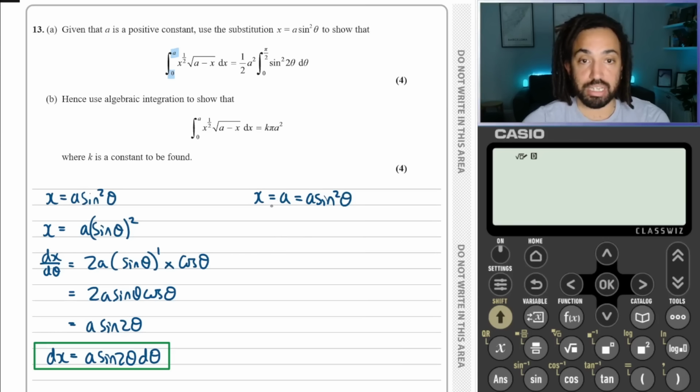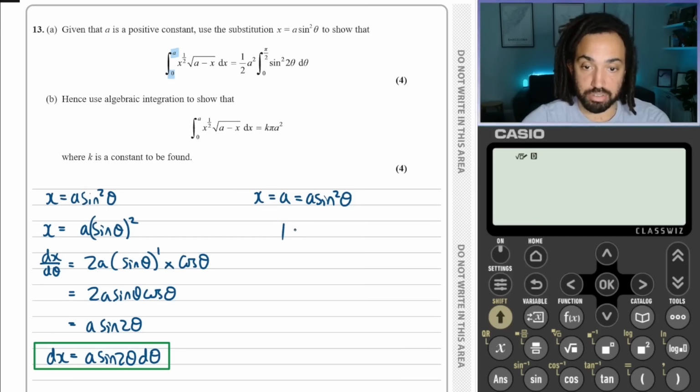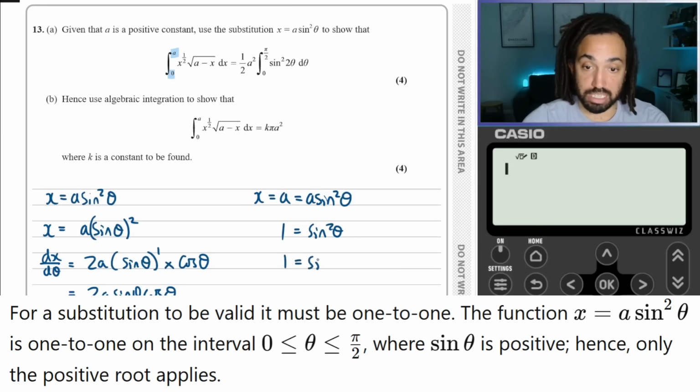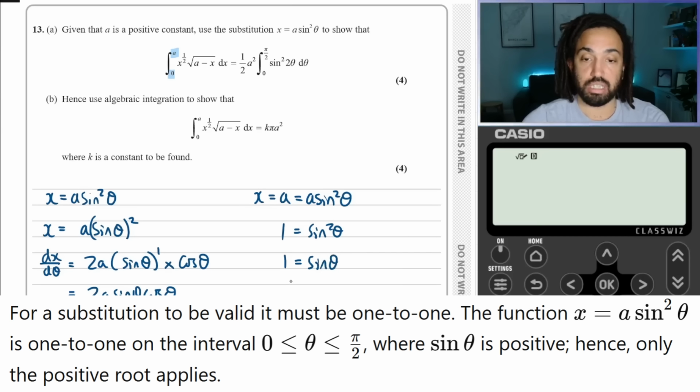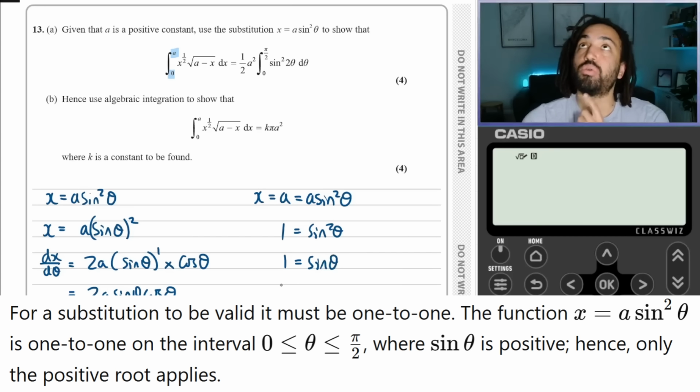Okay, so let's solve to find the theta value, which is going to give us this limit. So dividing both sides by a gives us 1 is equal to sine squared theta, and then square rooting. Over 2.